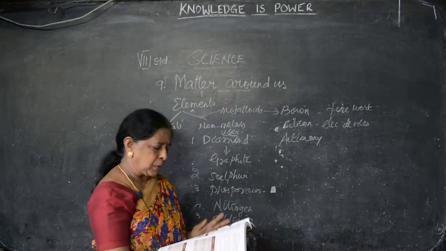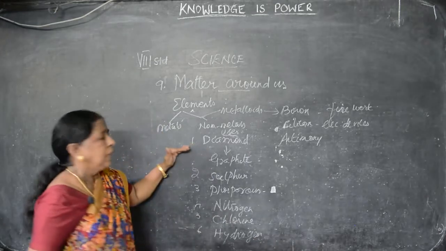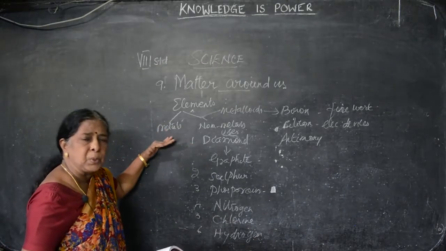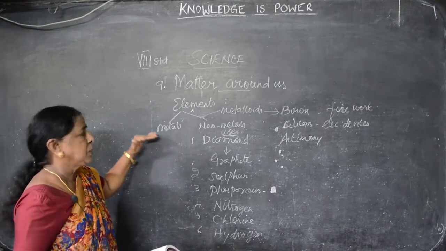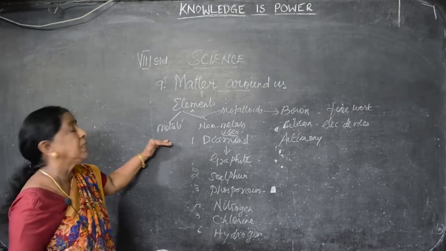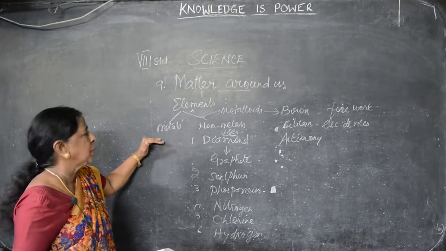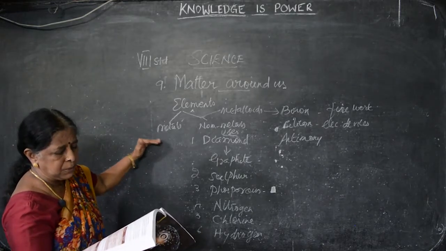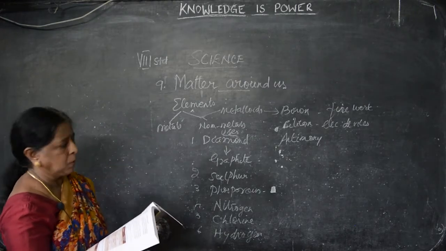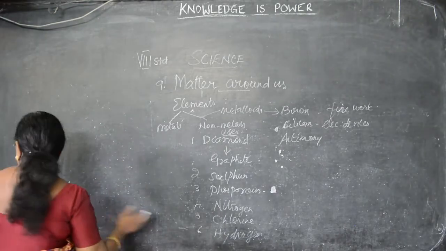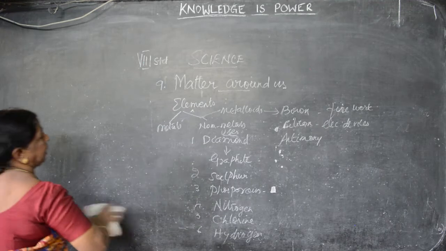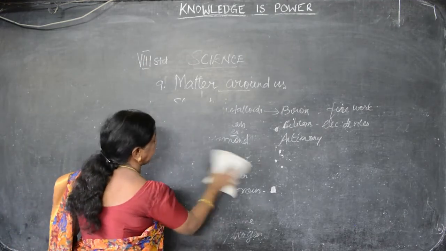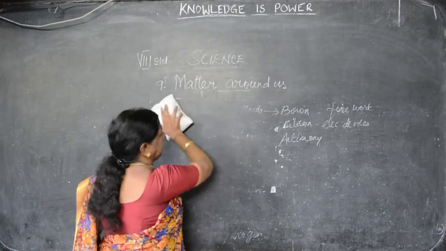Now compounds. I said, what is a compound? Just now I told you, it is a combination of two or more elements combined together in a fixed ratio by a chemical process, known as what? Compound. Further we can divide compounds into inorganic compounds and organic compounds.